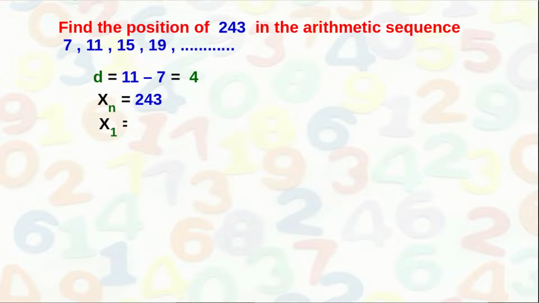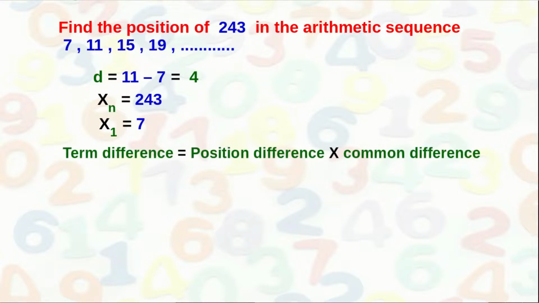The first term x1 is 7 here. We know that term difference is equal to position difference into common difference. Here we have two terms, nth term and first term. Take the difference between those two terms, xn minus x1, that will be equal to position difference n minus 1 into the common difference d.